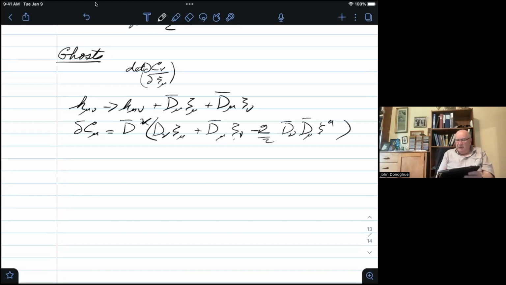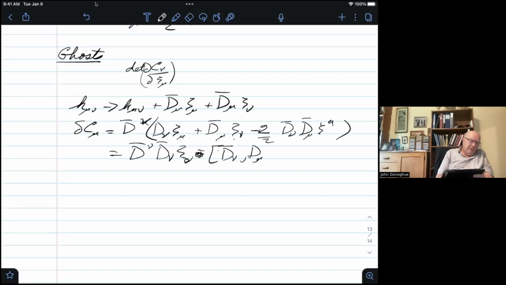Okay, so basically I'm just plugging that into the original constraint. This is equal to d bar nu c nu, plus, if I've got my indices correct while I'm copying here, d bar nu d mu c mu.